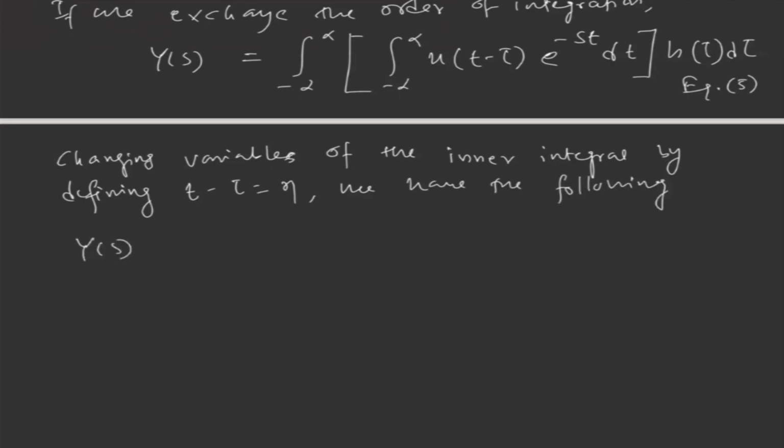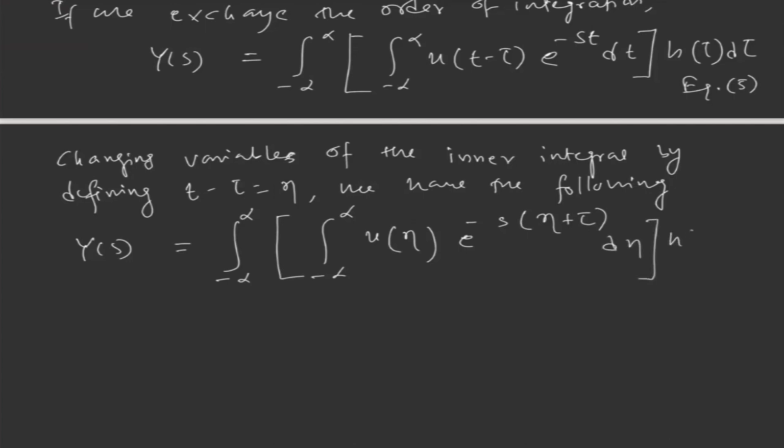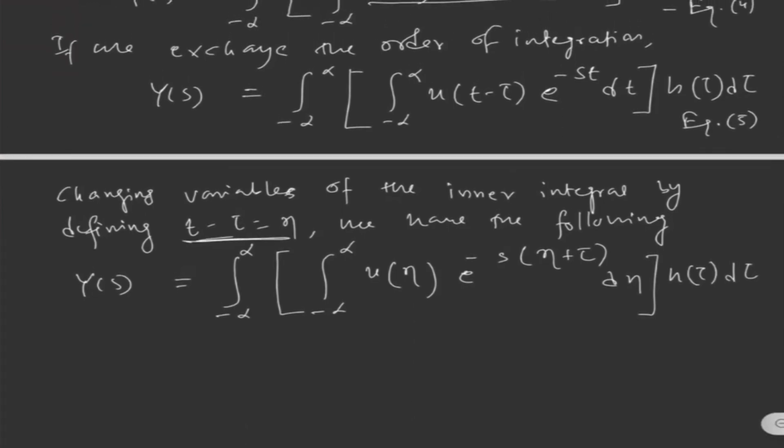Y of s equal to integral from minus infinity to infinity h of eta e to the power minus s into eta plus tau d eta, times u of tau d tau. We are just changing the inner integral and replacing the time with this parameter eta.